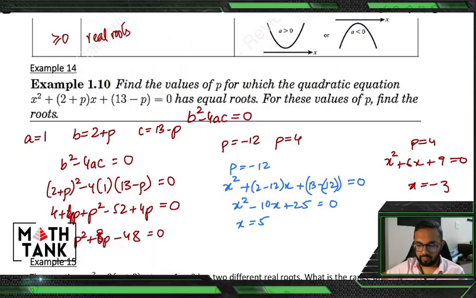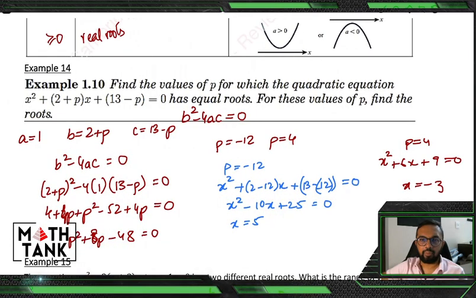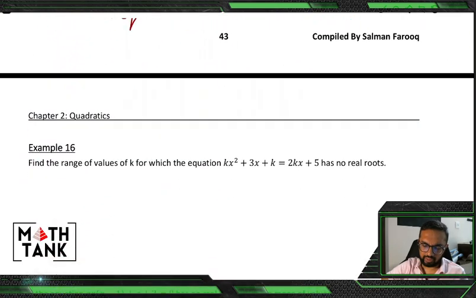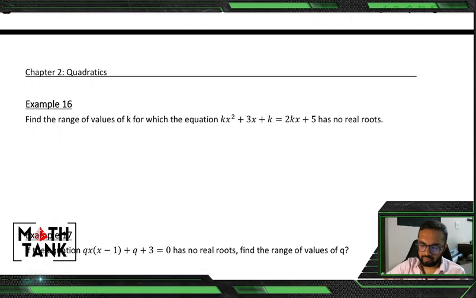Then find the values of p for which the quadratic equation has this property. You can see the question. A lot of people often find it difficult to find out what a, b and c are. Let's bring everything on one side first.